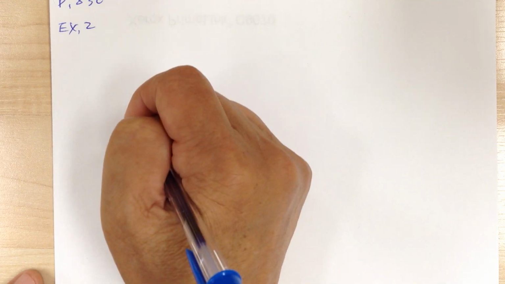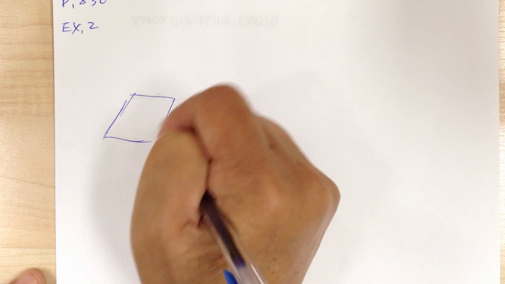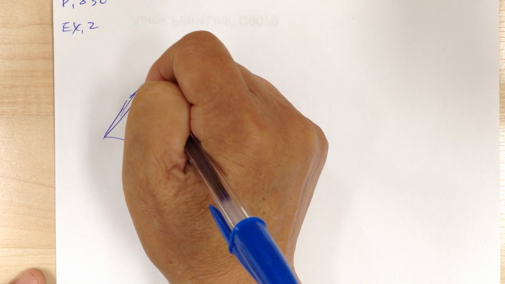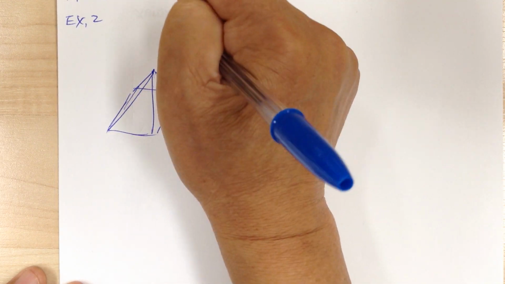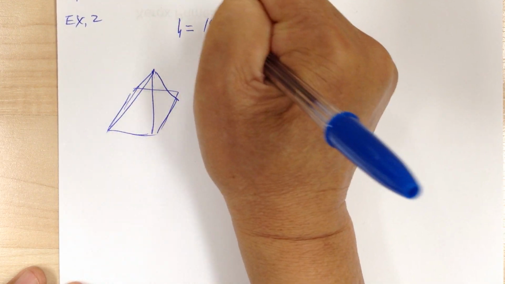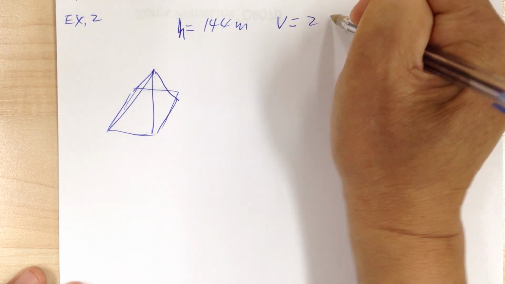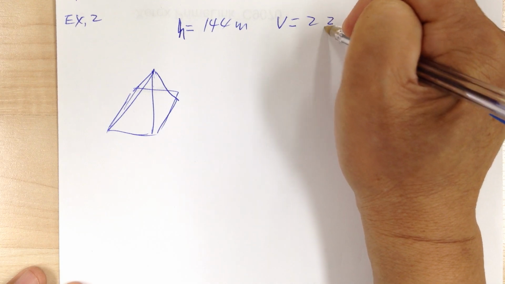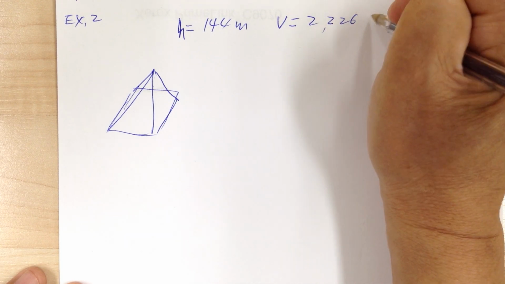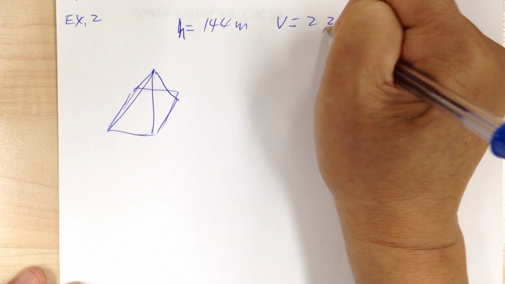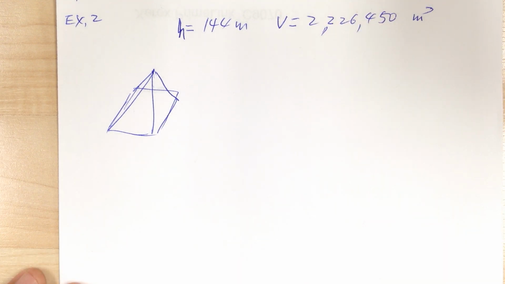So this is a pyramid, and it gives you the height equal to 144 meters and the volume equal to 2,226,450 cubic meters. And it says find the side length of the square base.